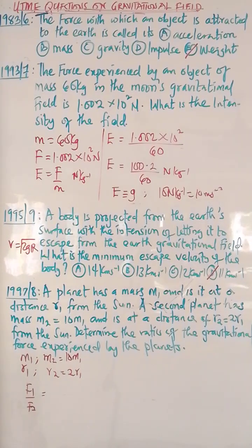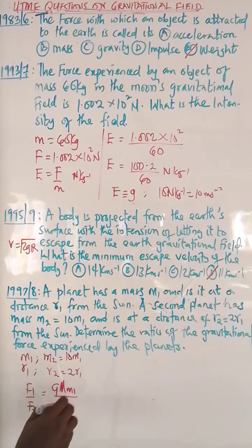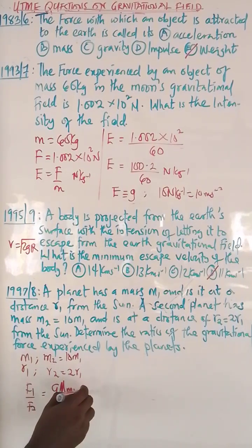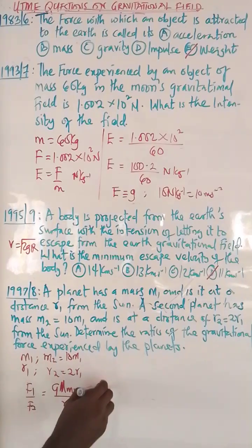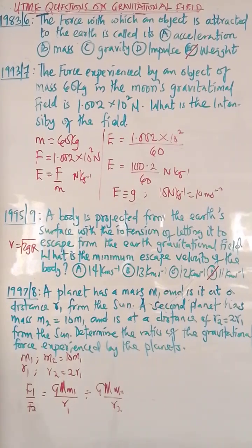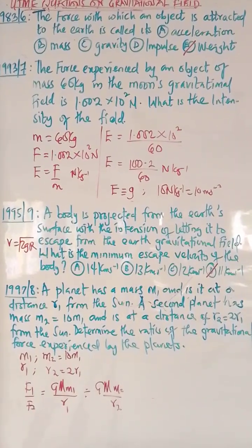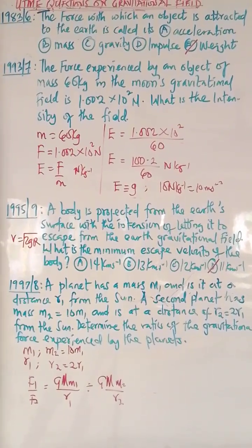So what is F1? F is Gm m1 over r1, divided by Gm m2 over r2, because F is Gm over r. So from here we can write F1 over F2 equals, let's change the division to multiplication.